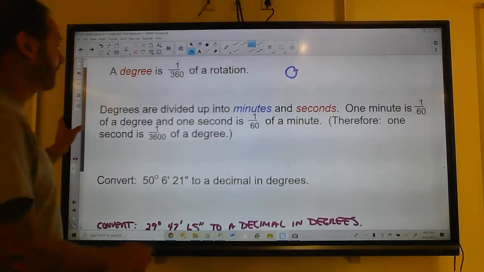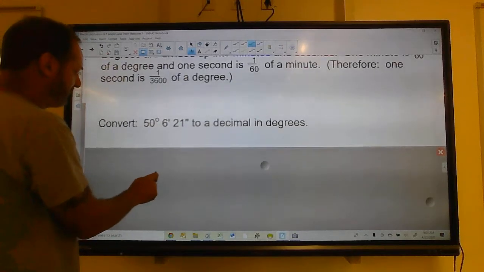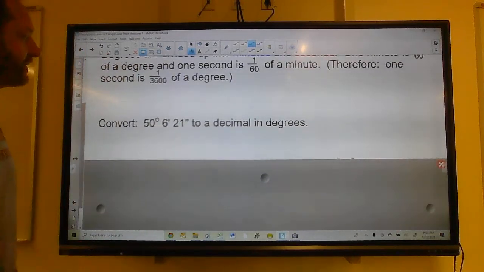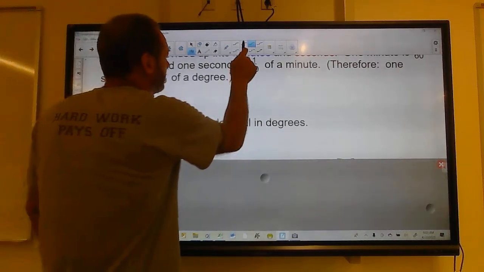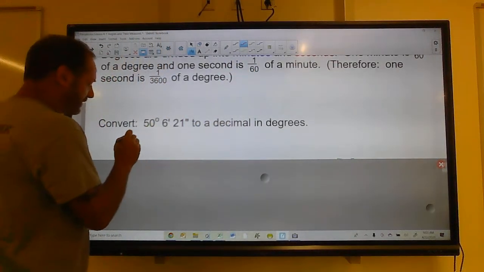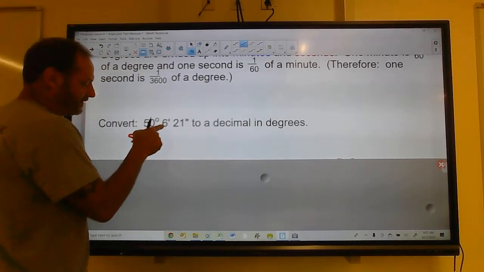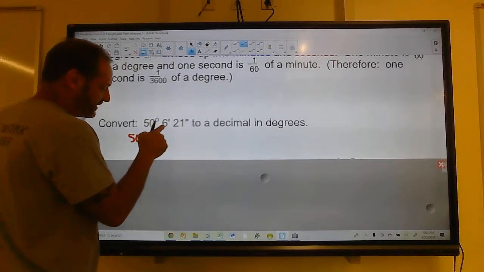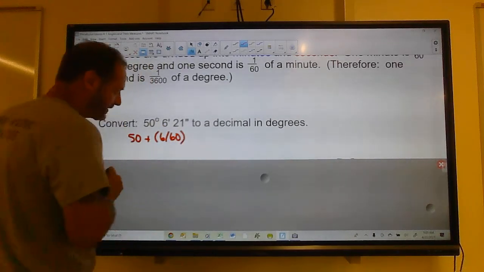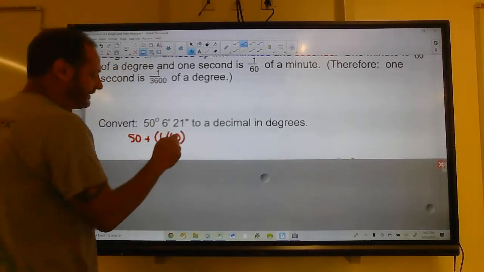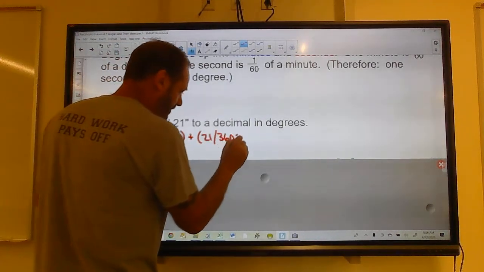The first thing we're going to do here is convert 50 degrees, 6 minutes, 21 seconds to a decimal in degrees. Pretty easy to do. It's going to be 50 plus, this is part of a degree, so this is 6/60ths of a degree, so we're going to add 6 out of 60. And that's 3600ths, so that's 21 out of 3600.